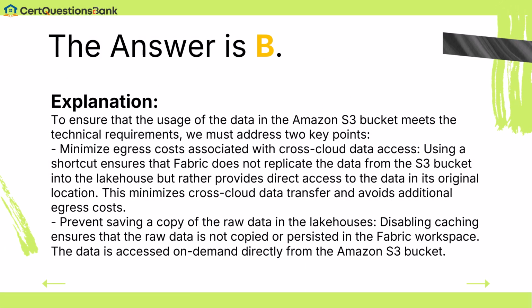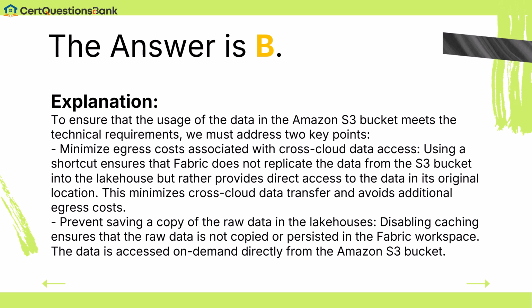The answer is B. To ensure that the usage of the data in the Amazon S3 bucket meets the technical requirements, we must address two key points. Minimize egress costs associated with cross-cloud data access. Using a shortcut ensures that Fabric does not replicate the data from the S3 bucket into the Lakehouse but rather provides direct access to the data in its original location.